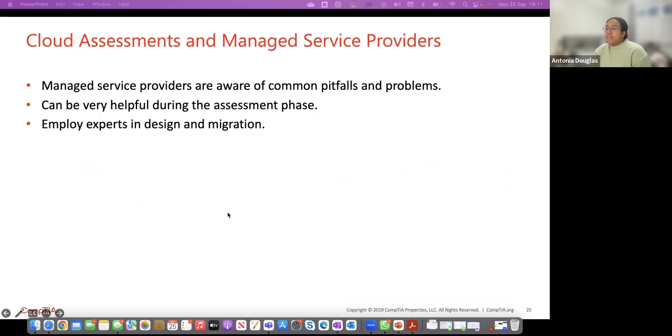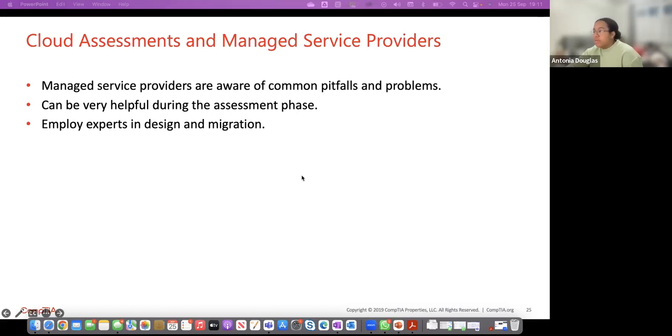Okay, cloud assessments and managed service providers. Managed service providers can be particularly helpful during the assessment phase. They relate your organization's current position to the services available from the cloud service providers.